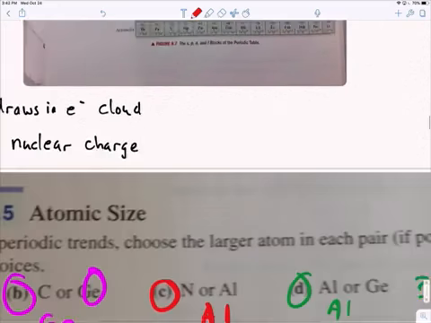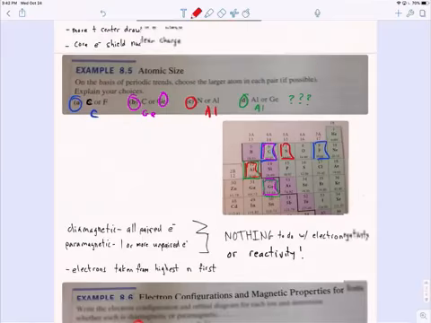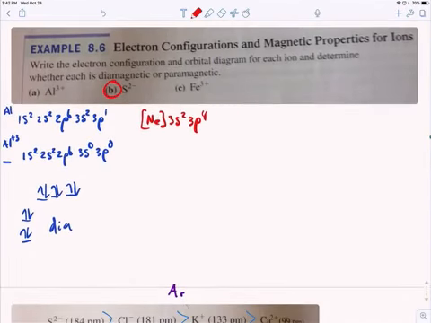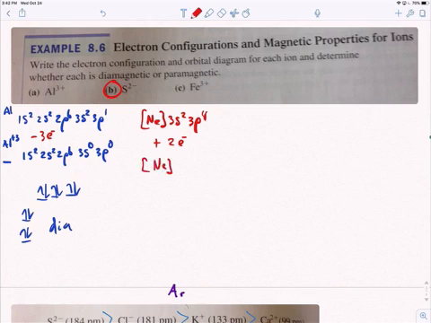For aluminum you subtract 3 electrons; for sulfur you add 2 electrons, and you get neon 3s squared, 3p6, and similarly this is diamagnetic.